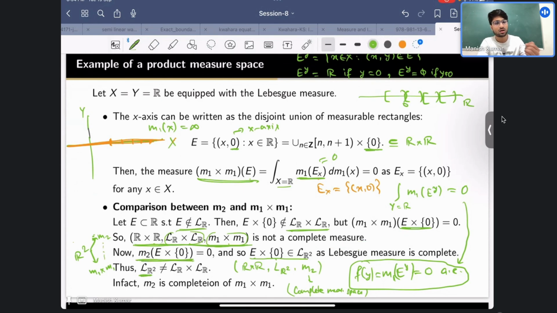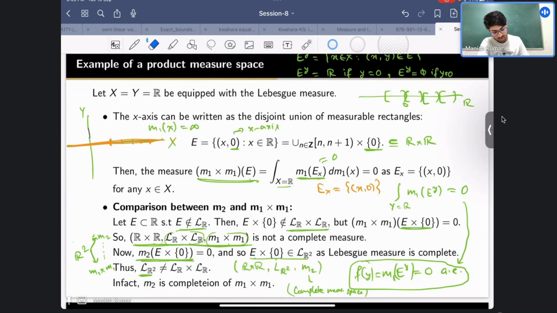I think this was done in the very beginning: if you are in Rn and you have a subset E of dimension k which is less than n, then the Lebesgue measure of this thing will be 0. So the Lebesgue measure of E cross 0 will be 0.